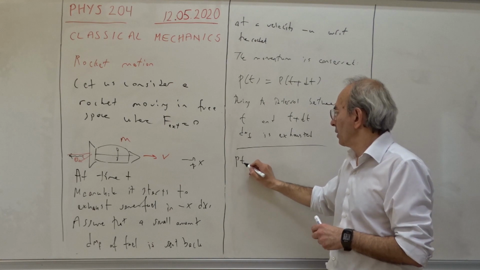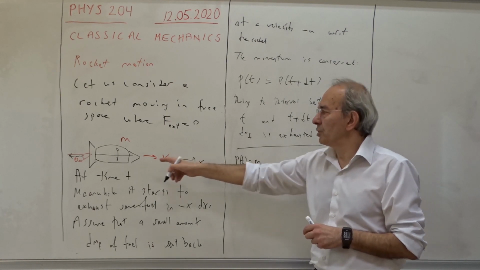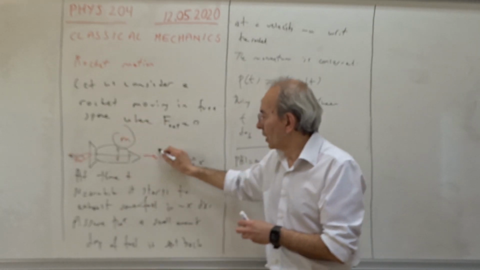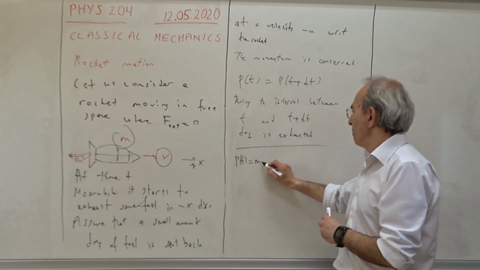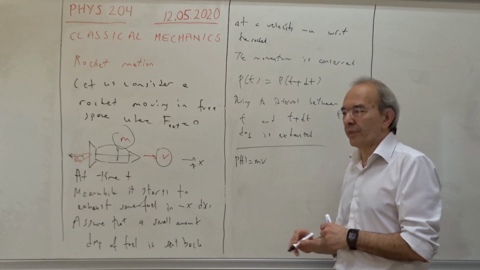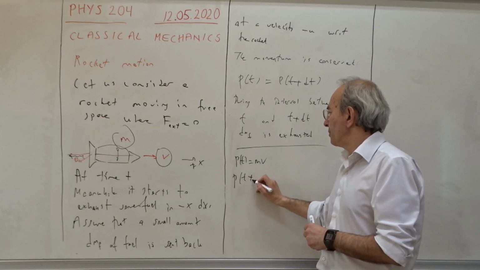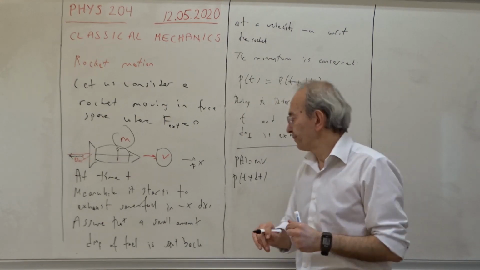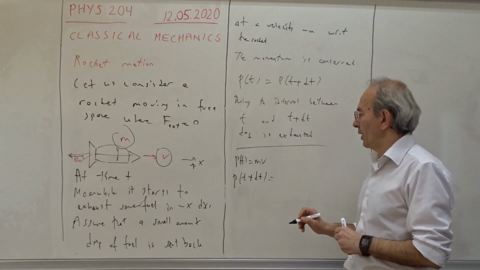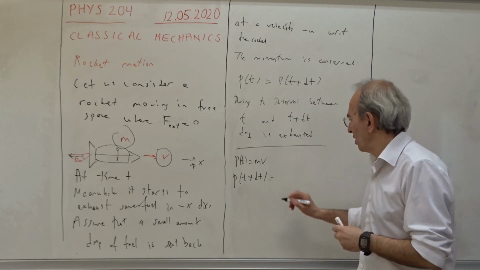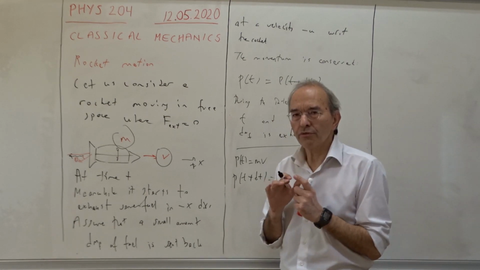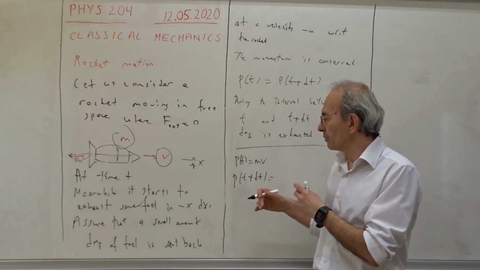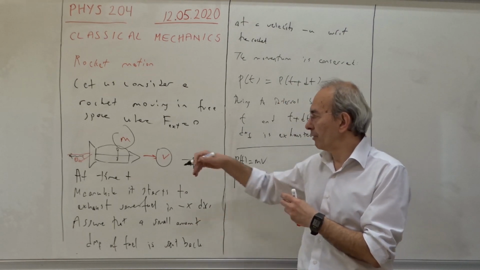P of t, what is it? It is just the initial mass times velocity, that's all. But at time t plus dt, just a small moment later, it is the sum of two terms. One is the momentum of the rocket with the remaining fuel, and the second part is just the fuel sent away.